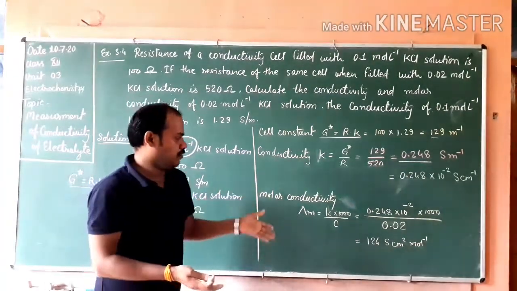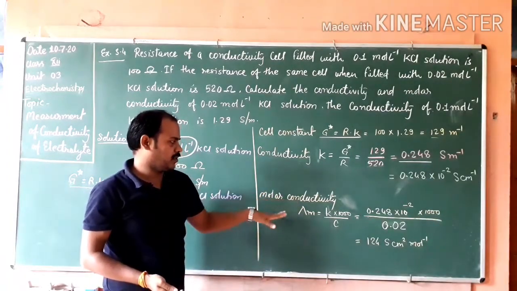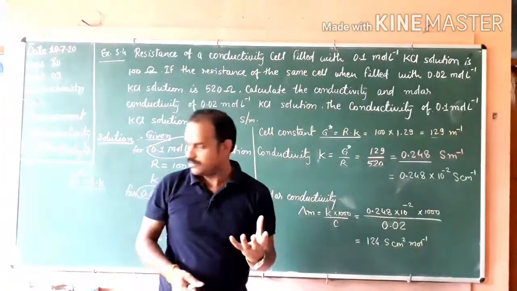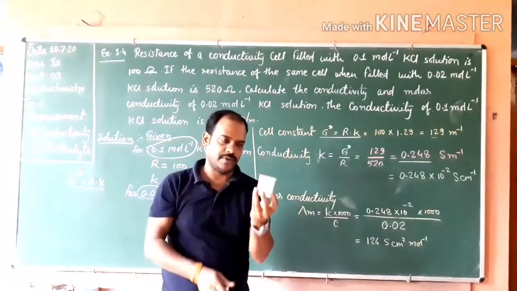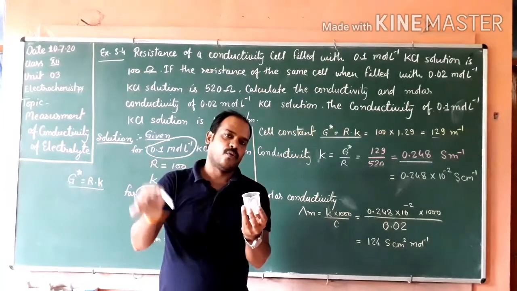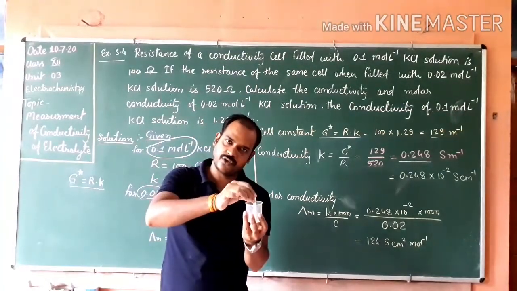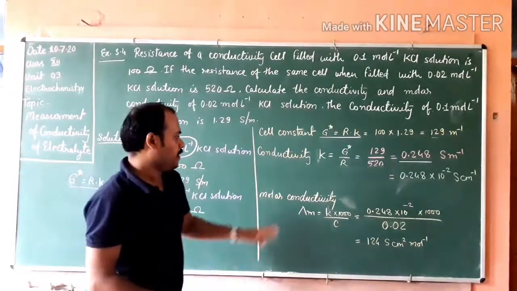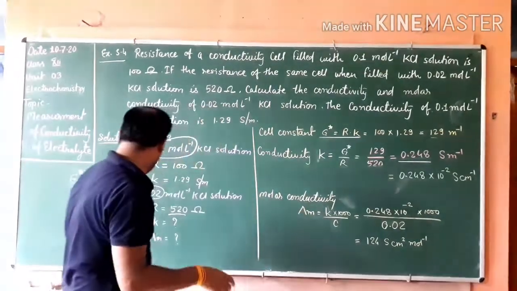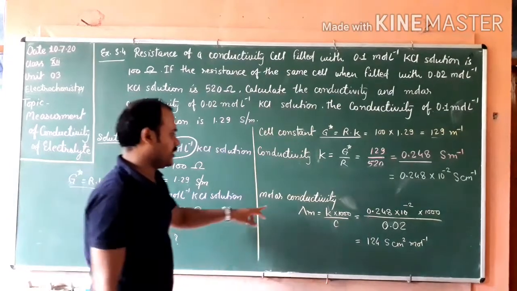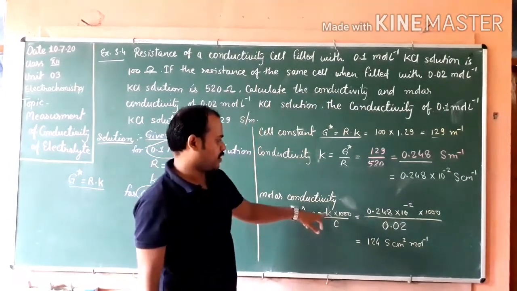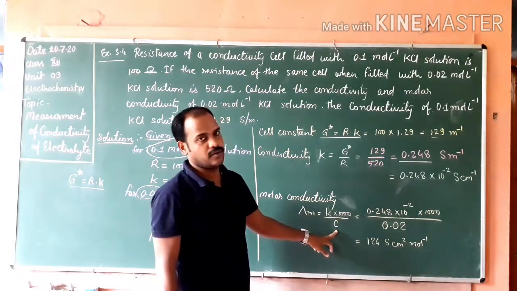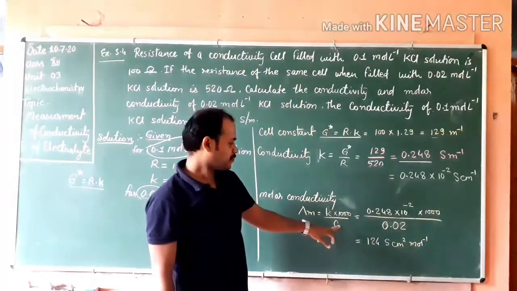For example, take this beaker, fill water, and 1 mole of electrolyte is dissolved. So the conductivity of a 1 mole solution is known as molar conductivity, and it is calculated by this formula, kappa into 1000 by concentration.